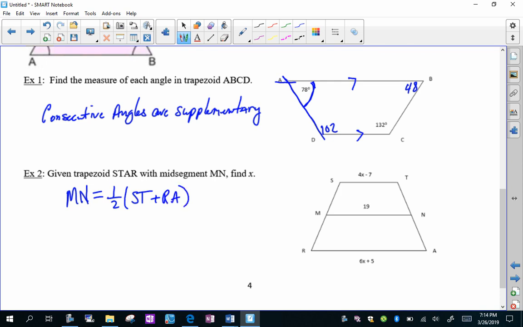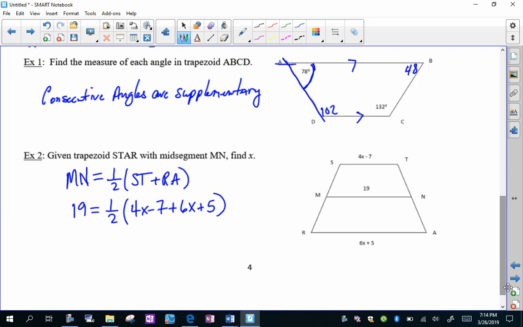Now, we know MN is 19. That's given to us. 1/2, we bring that down. And then we also know that ST is 4x minus 7, plus RA, which is 6x plus 5. Now I'm going to work inside the parentheses. I like to do that. I think that's important. So I'm going to have 19 equals 1/2. I'm going to combine my like terms. I'm going to get 10x minus 2.